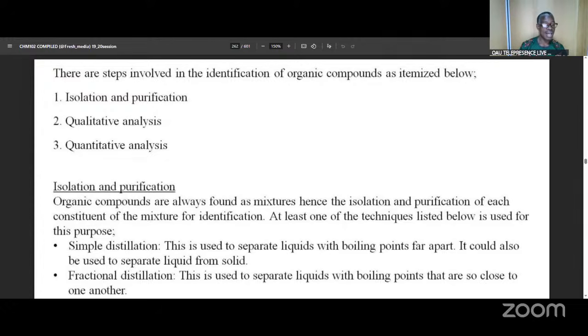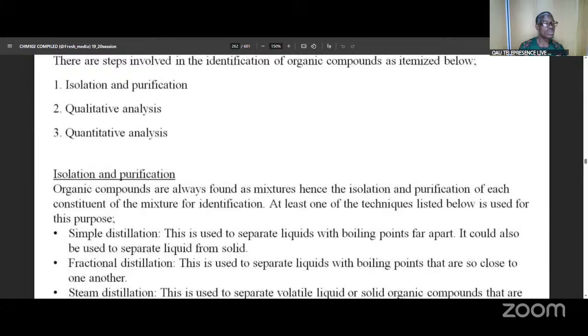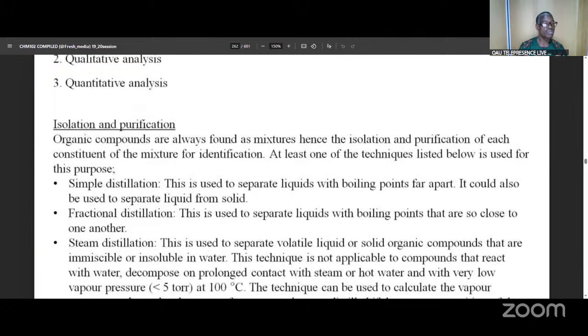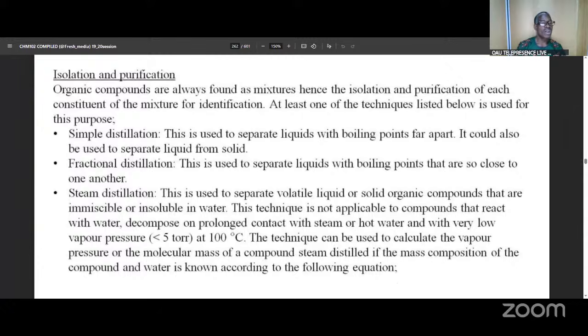So let's go to isolation and purification first. Organic compounds are always found as mixtures, either synthetic or isolated ones from nature.